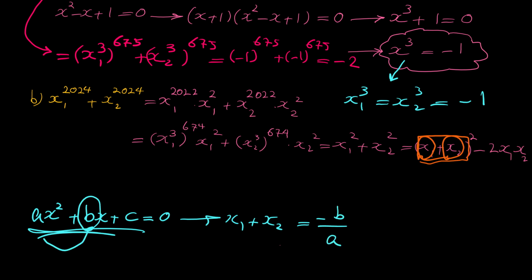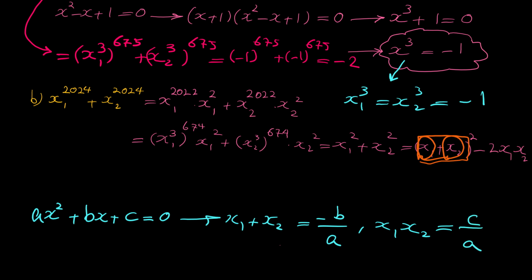Negative of this number over a. This is the sum of the roots. This is a rule that you should know for quadratic equations. And the product of the roots, x1 times x2, equals c over a. C, the constant, over a.